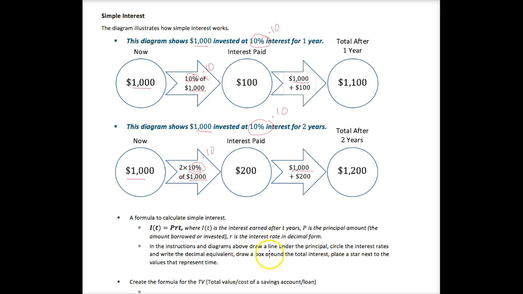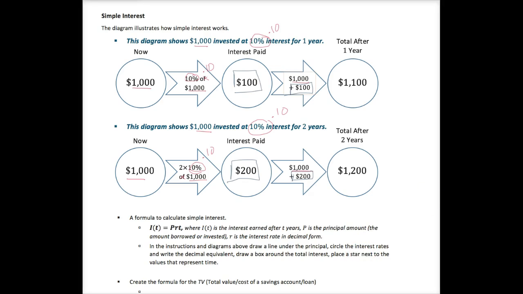Draw a box around the total interest. I'm going to even switch colors here. So the total interest in this case was 100, and down here the total interest was 200. Here it is, a nice big 100 and a nice big 200. Place a star next to the value that represents time.